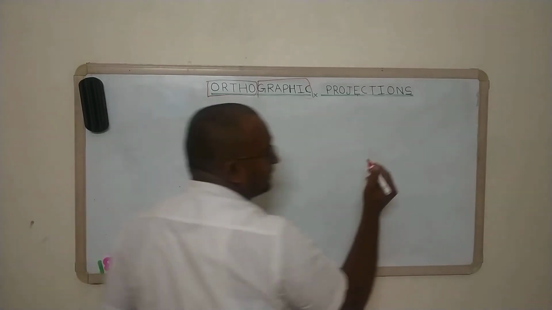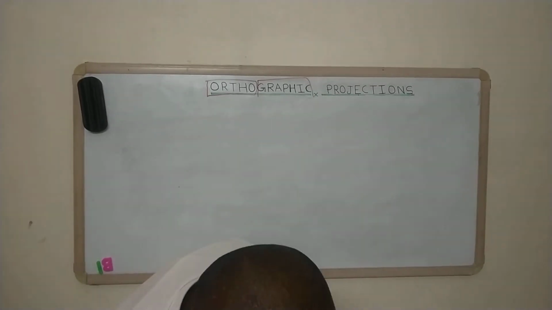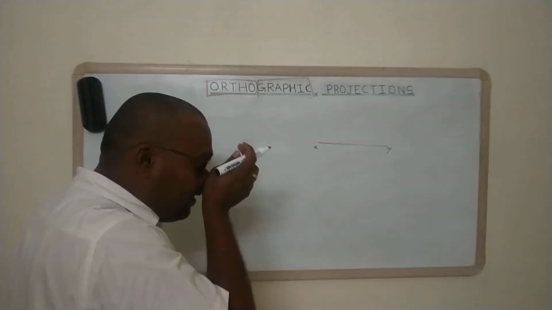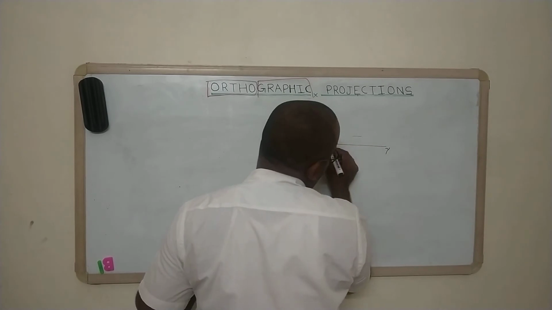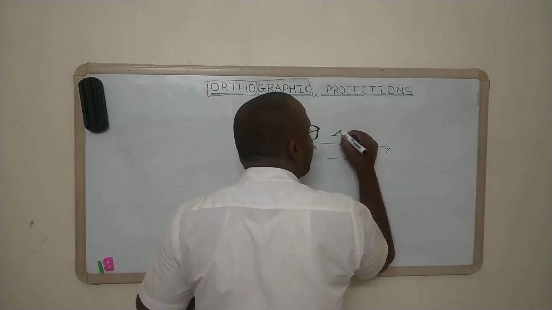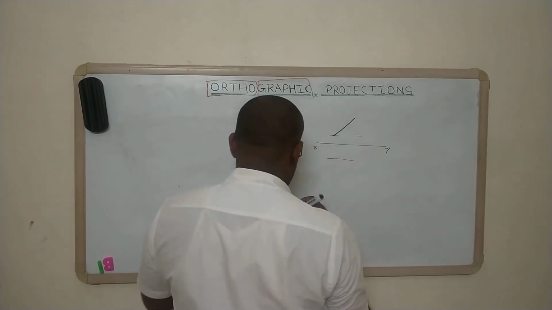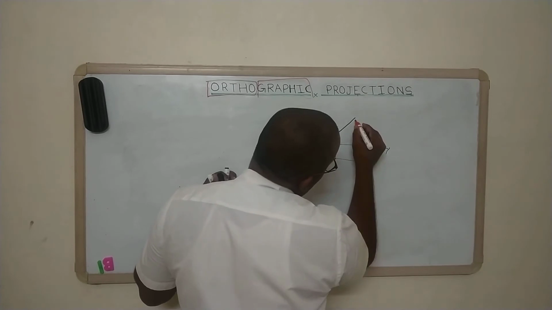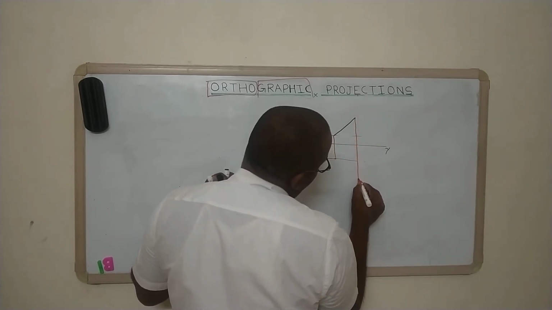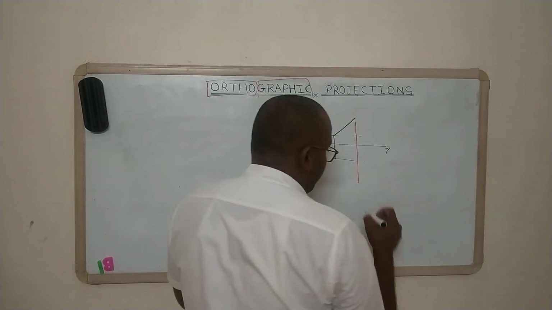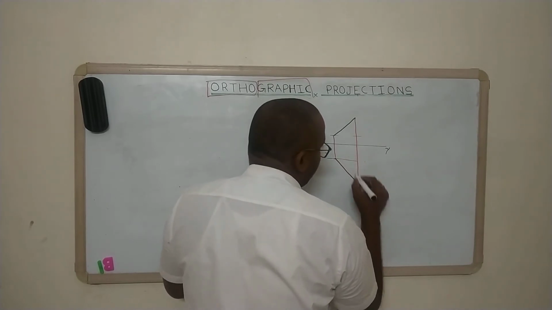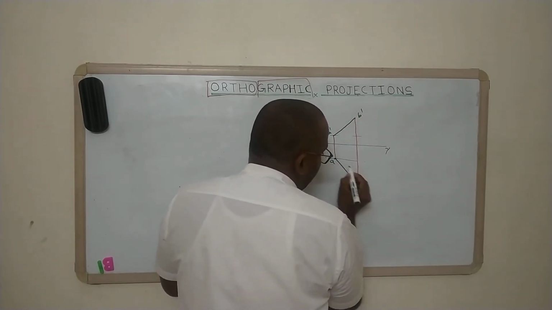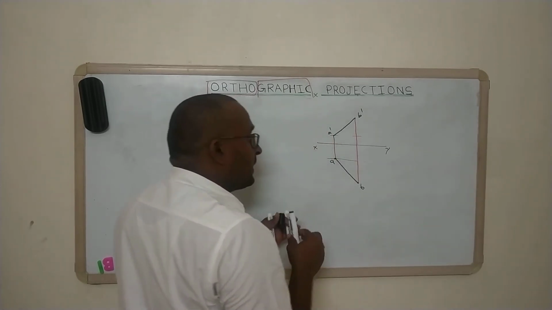Right. So here in this case, if the line is inclined to both the planes, the xy line will be like this, and then A dash, B dash, A, B. So here this is the xy line.